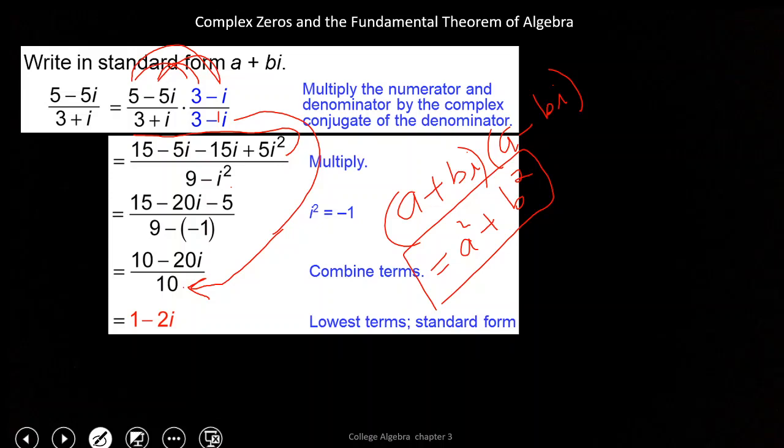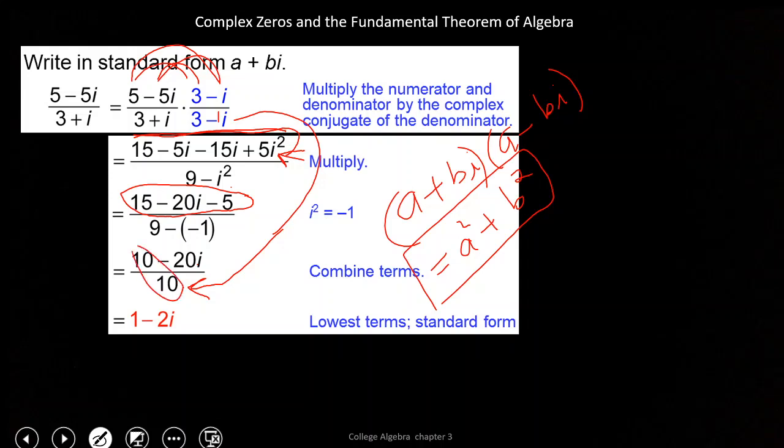But the numerator we have to simplify, and we know how because i squared is negative 1. The numerator becomes that, and eventually we get 10 minus 20i over 10.